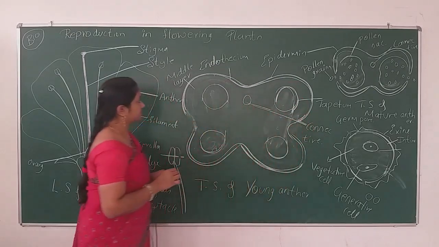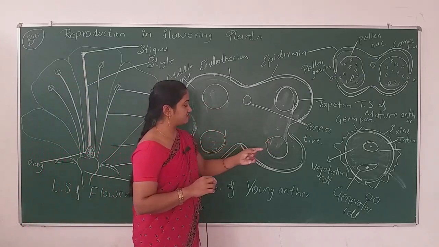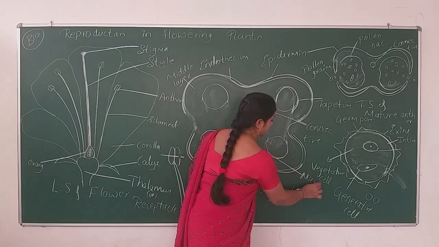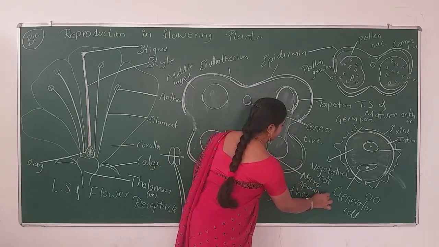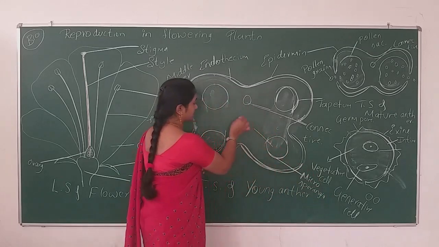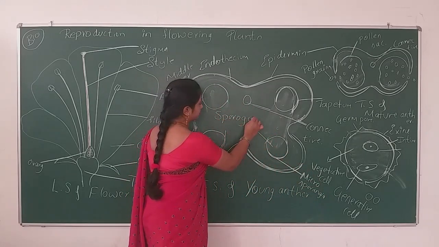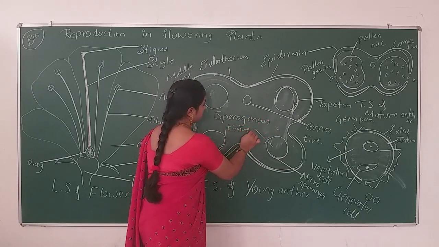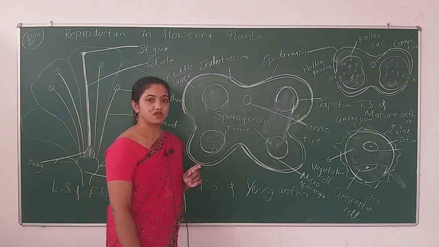Connective, epidermis, endothecium, middle layer, tapetum, connective tissue, microsporangia, sporogenous tissue. Here I'll mention sporogenous tissue. So that's all about these four diagrams.